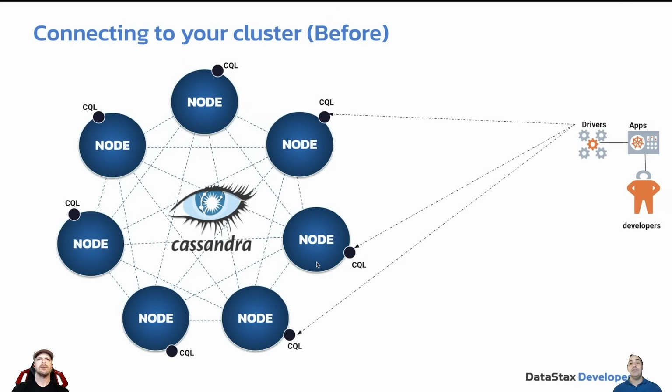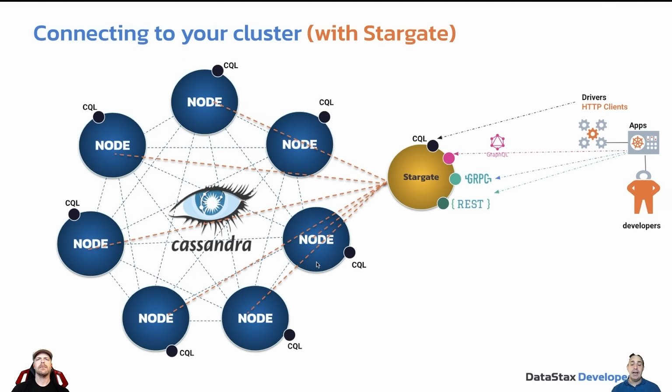Now with Stargate in front of it, you will have the APIs. And by the way, Stargate is a Cassandra node without any data. It will join the gossiping and will be aware of the token range as well and be able to route the request exactly to the proper replica.